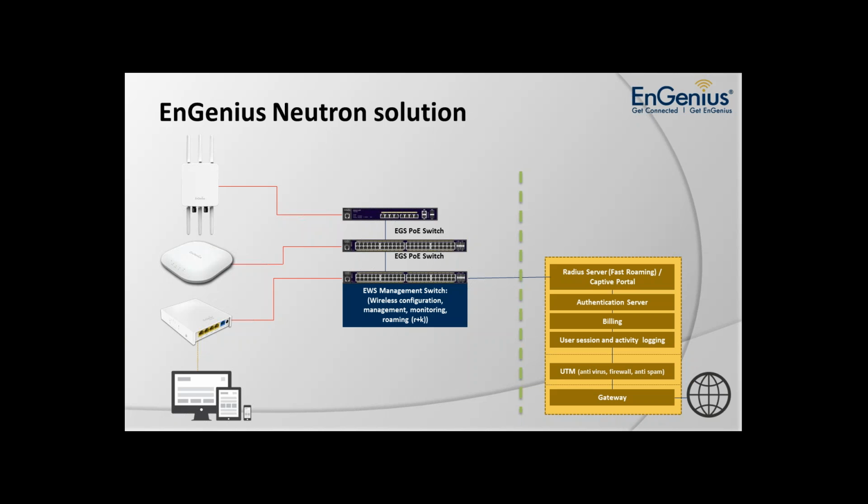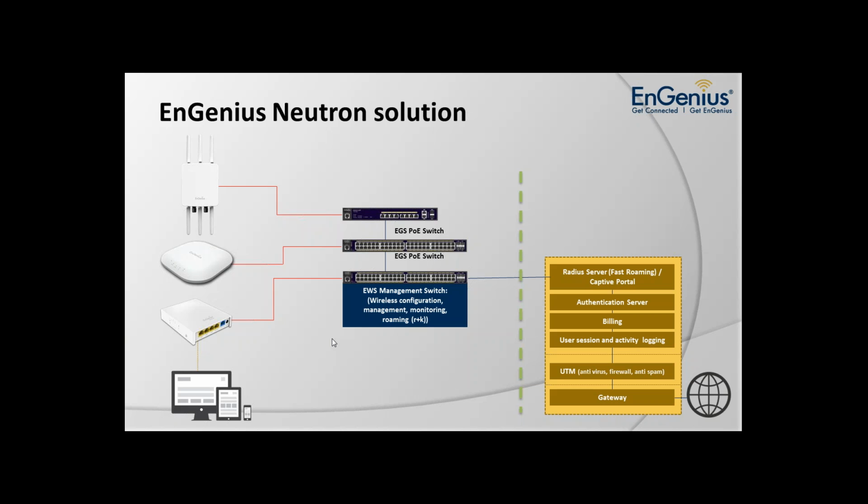So EnGenius offers a few different models, controller switches, and indoor and outdoor variations of access points, including two wall mode models, access points especially designed for one-room deployments like in hotel and educational environments. So the function of the EWS solution in the total network is shown in this picture.